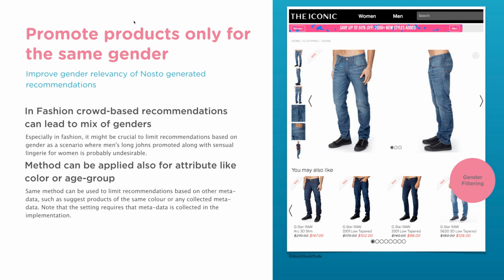I say this method can be applied also for attributes like color and age group. How would that work? You could say more from color blue, more for your age group adult, as I just mentioned. This would also be possible to filter on product page if you have done the tagging.